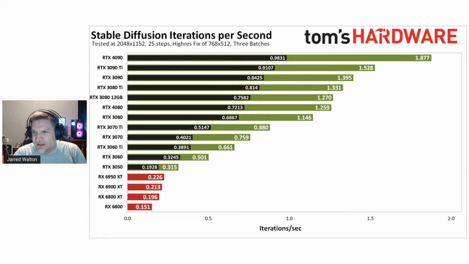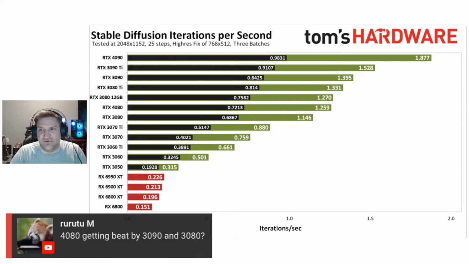I noticed that the 4080 got beat by the 3090 and the 3090 Ti and the 3080 Ti and even the 3080 12 gigabyte. My only thought there was, is it memory bandwidth constrained?